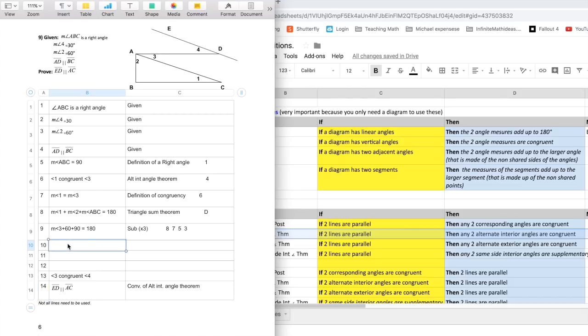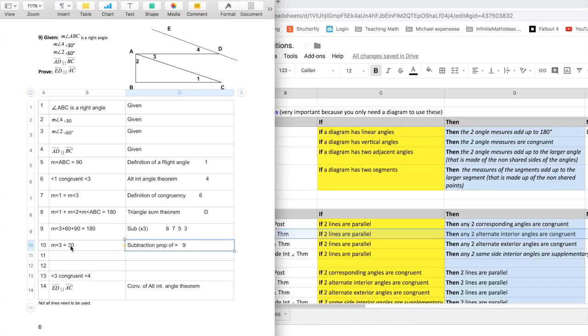All right, so what I'm going to do is I'm going to subtract 90 and 60 from both sides, and that's going to leave me 30. So I'm going to get measure of angle 3 equals 30, and I just did subtraction property of equality, and I used line 9. Basically, that's all I did.